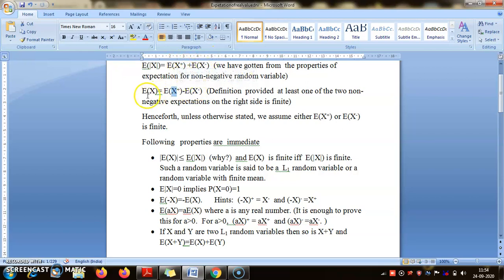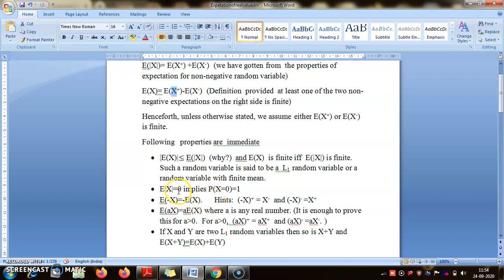So obviously expectation of X cannot be more than expectation of mod X. And if you look at minus of expectation of X, then it will become expectation of X minus minus expectation of X plus. So in that case also it is the difference of two non-negative numbers, and the expectation of mod X is the sum of the same. So it explains that expectation of X and minus of expectation of X are both less than or equal to expectation of mod X, hence we get this inequality.